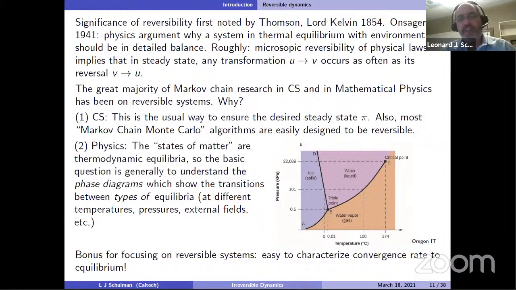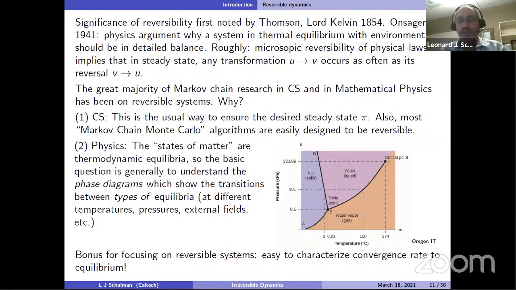In physics, they have a different reason, somewhat related to what Onsager justified. The reason is that the basic, first-order thing you're doing when you're studying statistical physics is studying systems that are at rest. First you just want to understand that. So there's water and ice and water vapor, and you want to understand those systems.